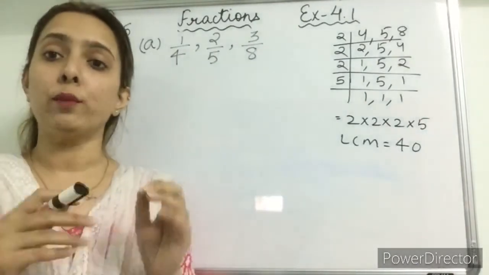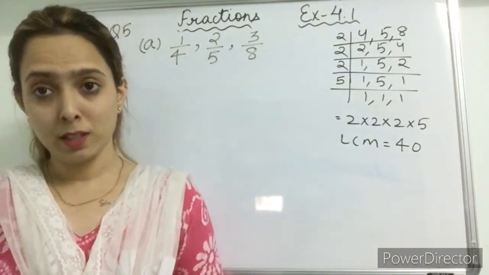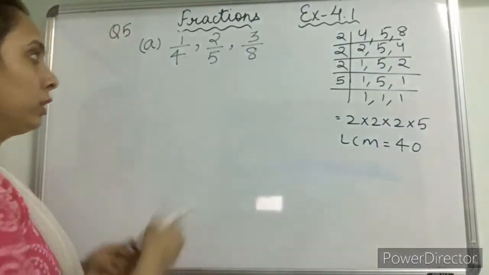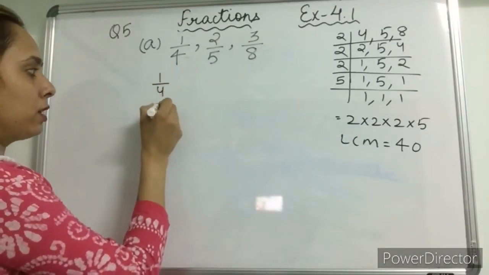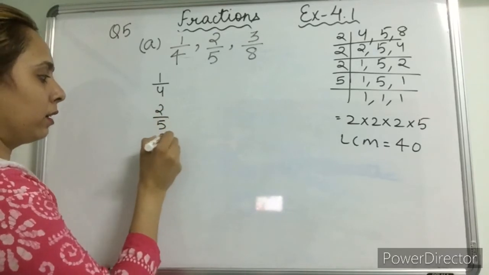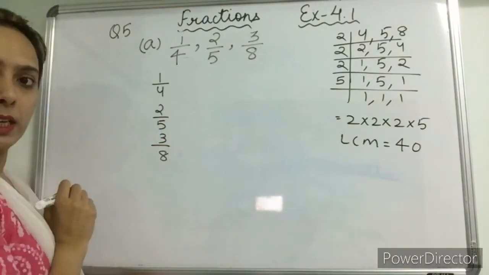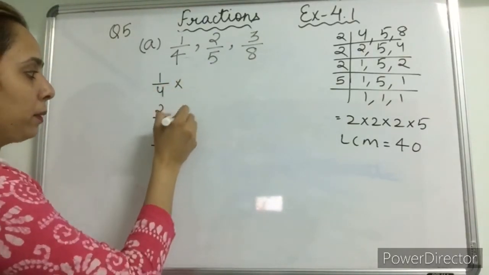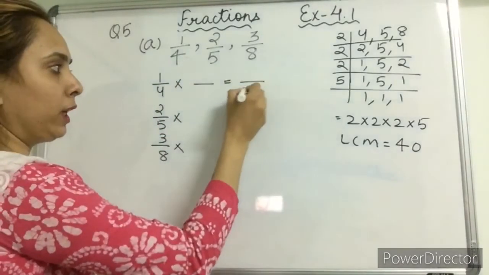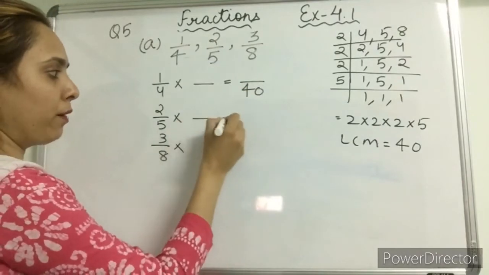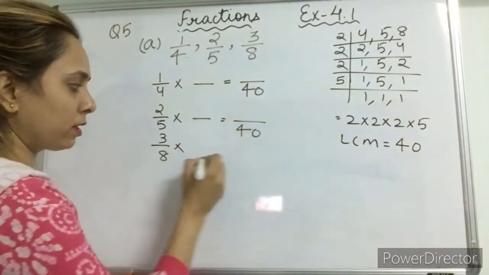Now what we have to do, we have to convert all the denominators to 40. Same steps. You will write all the fractions like this in different lines. Then sign of multiplication, then fractional bar, equals to, and write down 40 here because we have to make all the denominators 40.